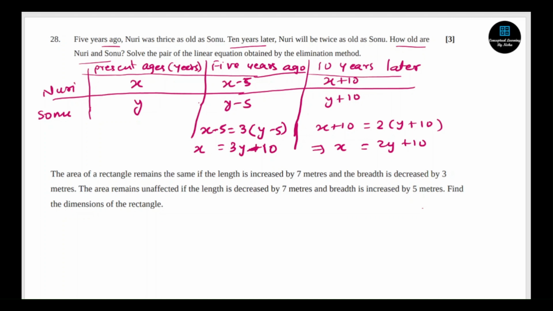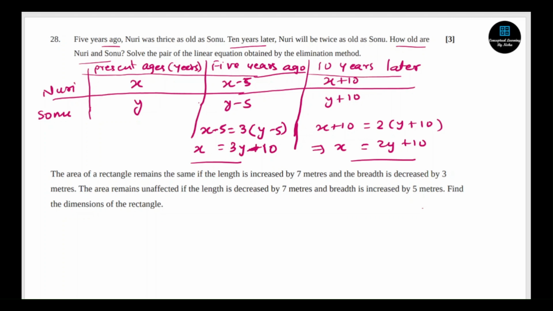Using the elimination method, I can eliminate x and then I can find the value of x and y. So now I leave it up to you. I have these two equations. Use the elimination method and solve both the equations. And you have to write what is the present age of Noori and Sonu. Alright. Write that in the comment box.